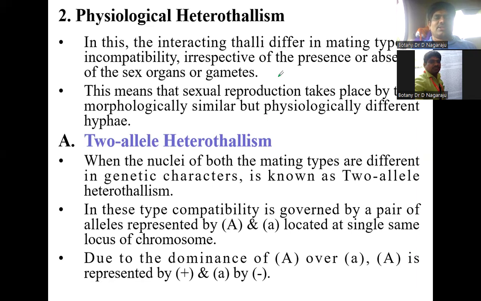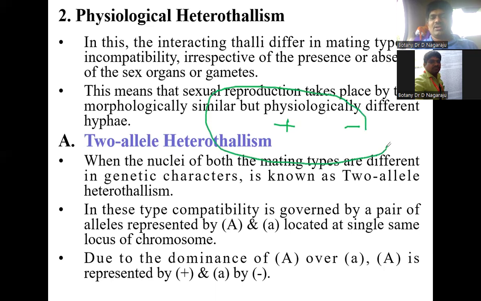On that, the first one is two allele heterothallism. What do we call two allele heterothallism? When both the mating types differ in genetic character.